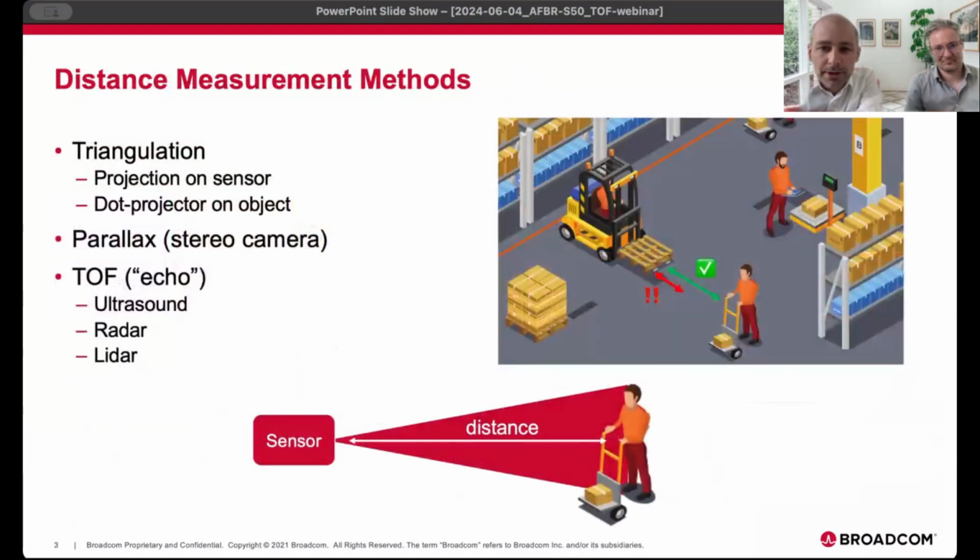Before we get into the topic, just a short overview about the distance measurement methods. There are many different methods to measure distances. Here I showed a use case of why we would like to measure distances. This is a typical warehouse situation where a forklift is working together with people in the warehouse.